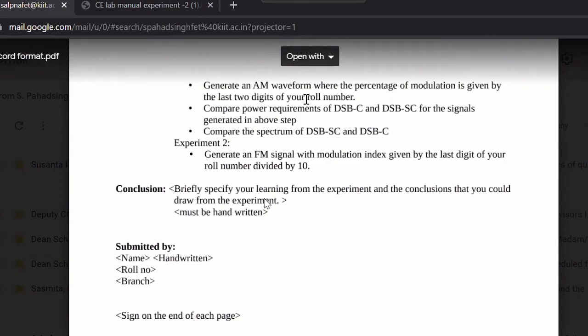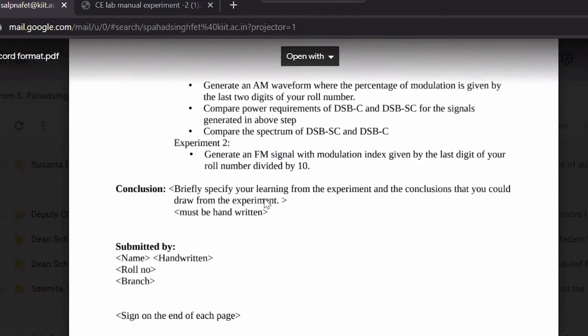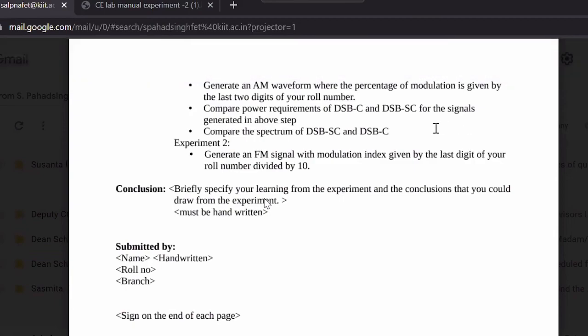Suppose you generate the AM waveform with the last 2 digits of your roll number, and you get some waveform out of it; that would be your modified task. So do some modification also and paste it along with the regular AM waveform that you have generated. You have to change the values a little bit, get a graph out of it, paste it, and write the heading modified task.